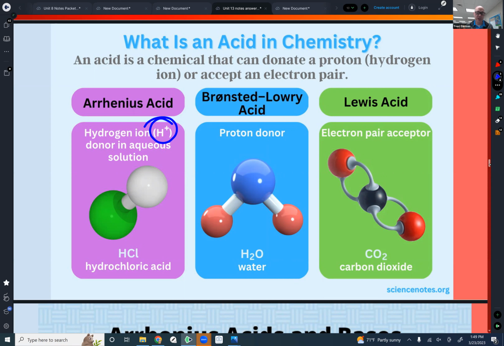They both donate hydrogen ions. And then the Lewis acid, it focuses on those ligands. It says that there is a place for us to have a material bond. So we're looking for electrons, where we can see somewhere that is accepting of electrons. That's where we're going to call the acid.